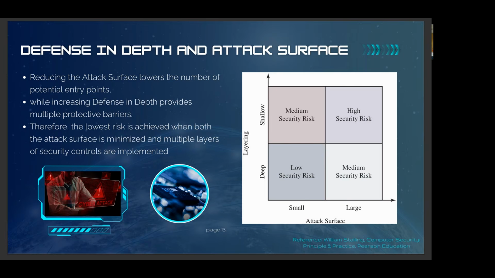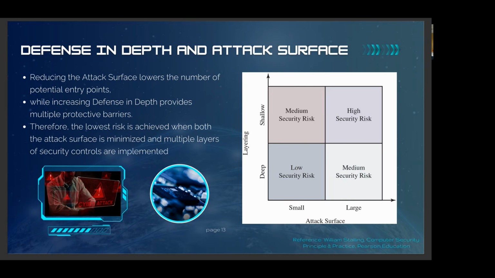While increasing defense in depth, provide multiple protective barriers, right? So for defense in depth, normally they will have multi-layer protection: from the user side, IAM, identity and access management, and then network layer security, firewall and so on, and application layer. So here, this is the conclusion.